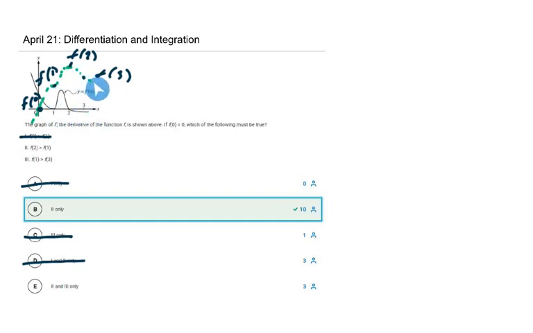So it's unlikely that this is going to be able to make it all the way down below f of 1. It's possible, but here's the nice thing, the way it's worded, which ones must be true? And just because it says it's possible doesn't mean it has to be true. So we can eliminate that one as well, leaving us with just 2 as being the only one that must be true.